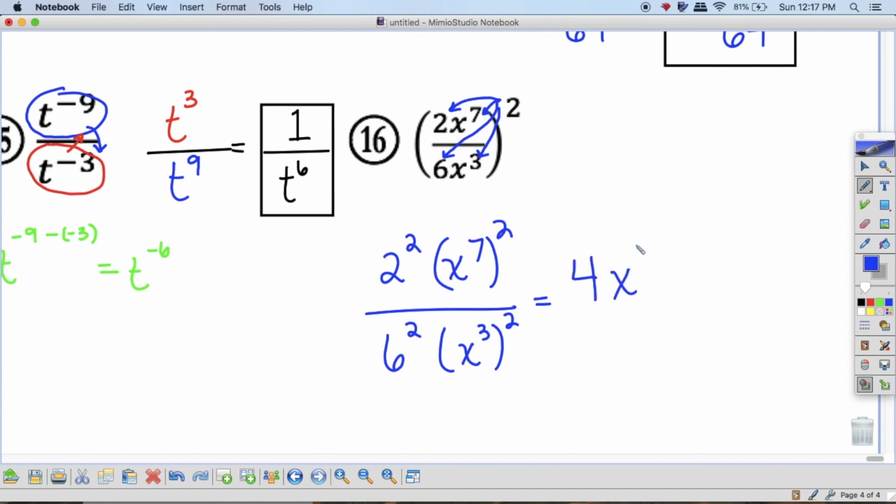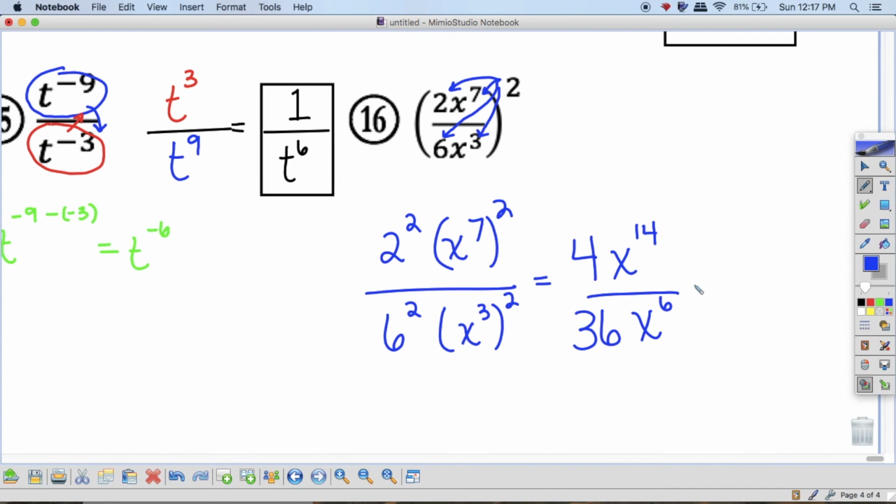This gives me x to the 14th. Power to a power means I multiply. 6 squared is 36, and multiply x to the 6th. 4 over 36, I could divide both of those by 4 to get 1/9.